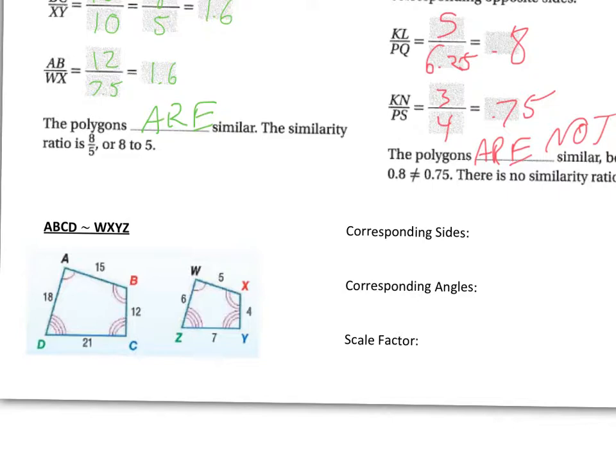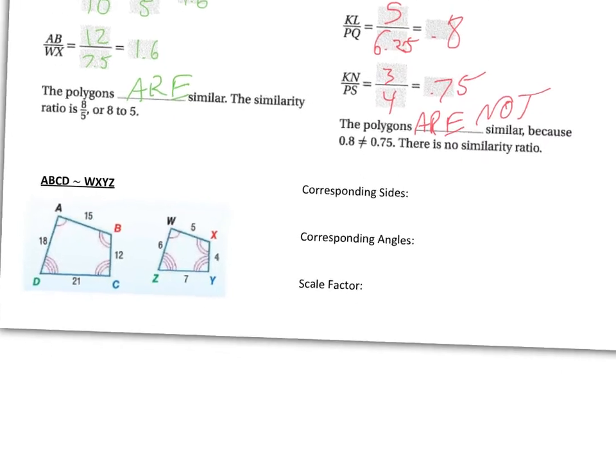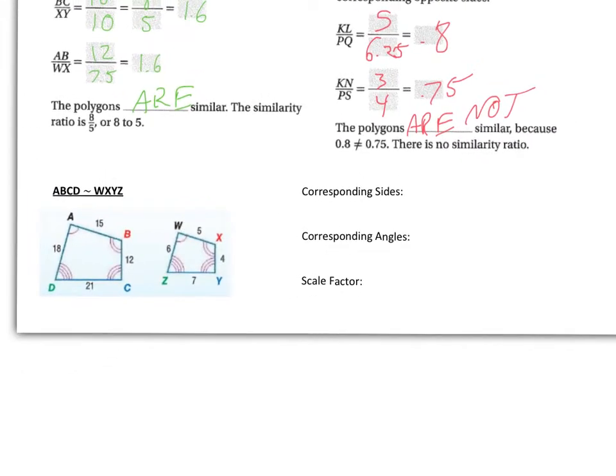Okay, looking at this, we need to learn how to label the different parts. Let's look at the corresponding angles. They're the easiest. In fact, they're written in a way that corresponds, just like if they were congruent shapes. So angle A is going to correspond to angle W. So in similar figures, the angles are congruent.